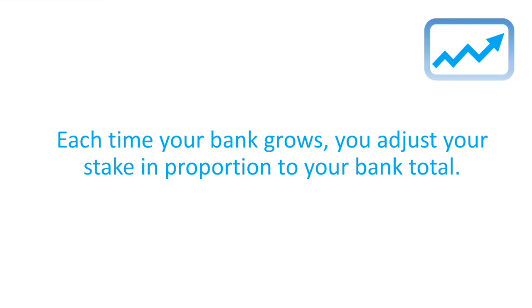Now, I would recommend doing this on a weekly or monthly basis. If you do this on a daily basis, starting with a relatively small bank, then it can be quite a laborious task. So yeah, my recommendation is do it on a weekly or monthly basis.